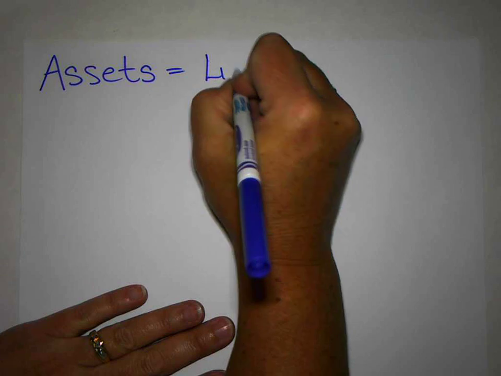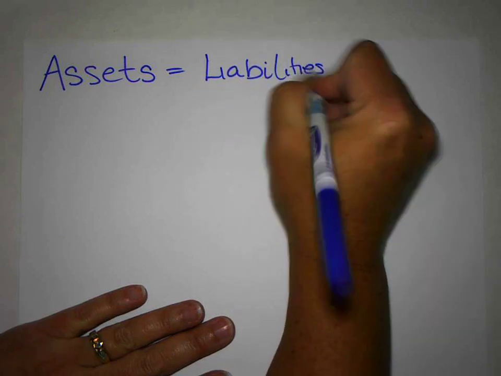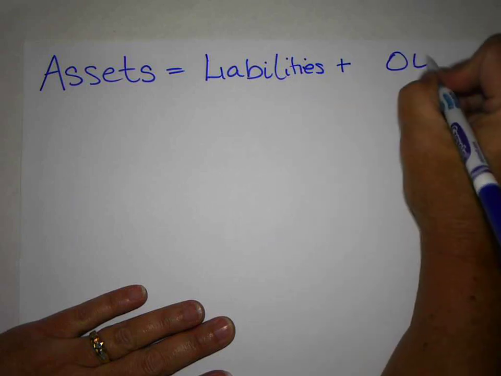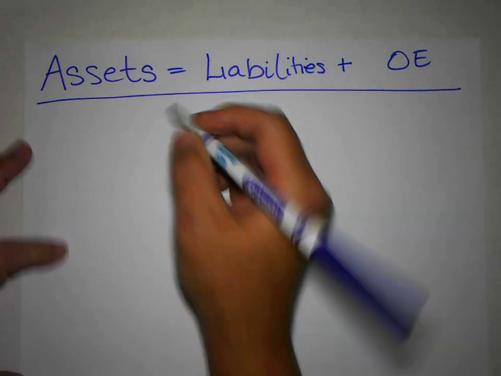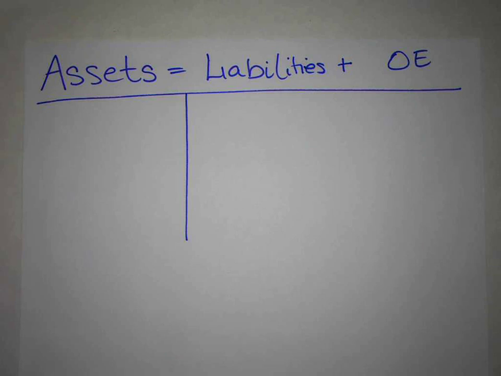Assets equals liabilities plus owner's equity. Okay, I'm going to give it a line. We're going to give it our T. Now, this whole chapter is really focusing in on the T accounts.